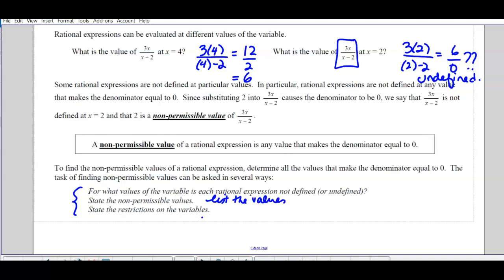If it states the restrictions, then you say, okay, the variable is not equal to the values. And sometimes we kind of interchange those. So you'll notice in the solutions to the notes, we might have non-permissible values, x not equal. Really, we're meaning the same thing. So just be aware of that.